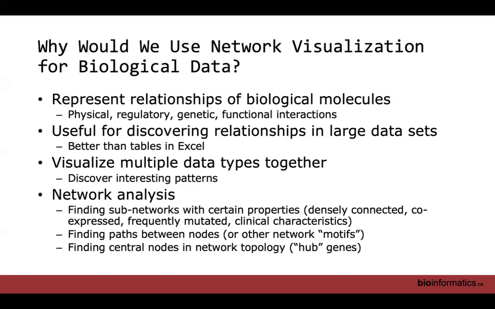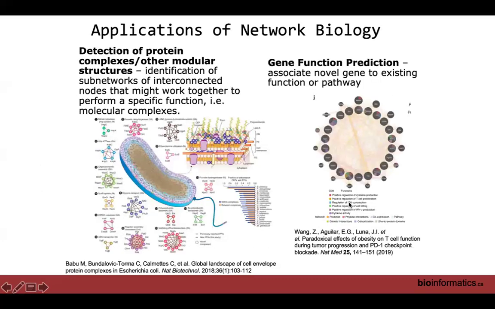Does a mutation or a perturbation in an individual gene cause the whole network to fall apart? You can also look for specific paths within the network, how two different proteins might connect, or different motifs that come up over and over within the network, like a self-regulatory motif.